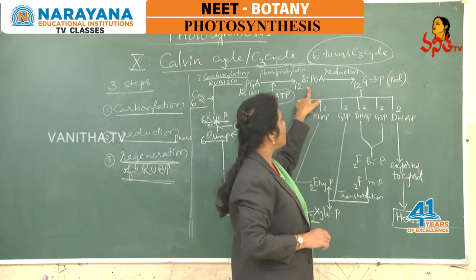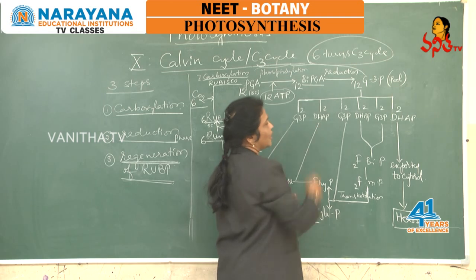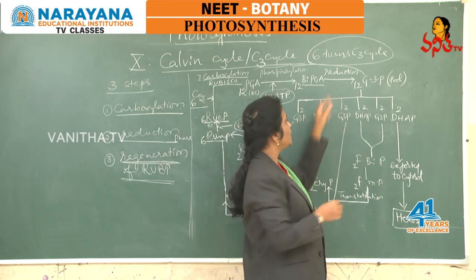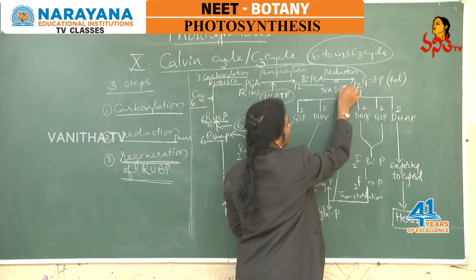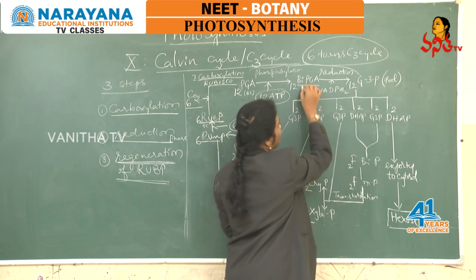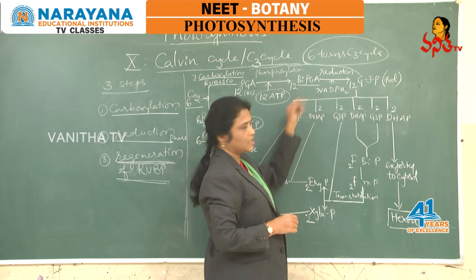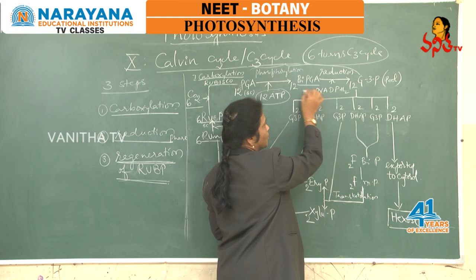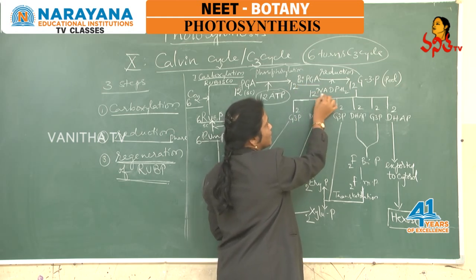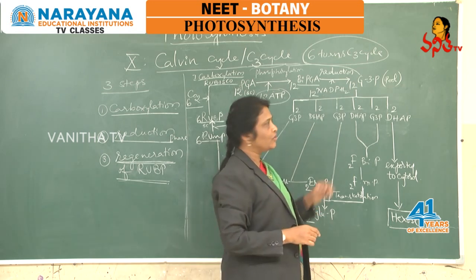Now, these bisphosphoglyceric acid molecules undergo reduction, and here the reducing power utilized is NADPH. For the reduction of each bisphosphoglyceric acid, 1 NADPH is required. So, to reduce these 12 molecules of bisphosphoglyceric acid, 12 NADPH molecules are utilized.